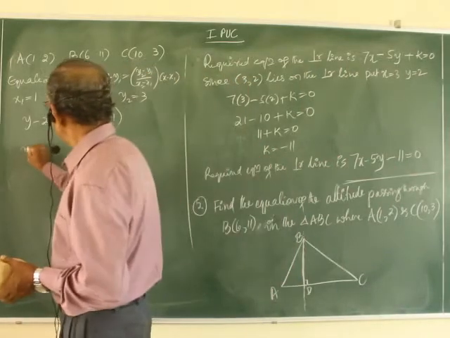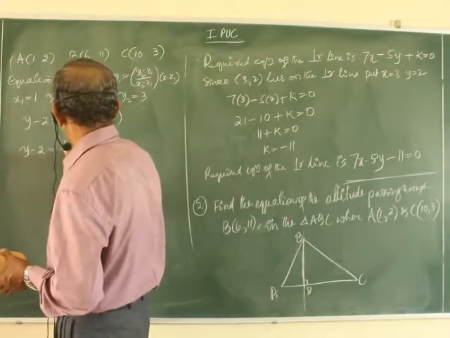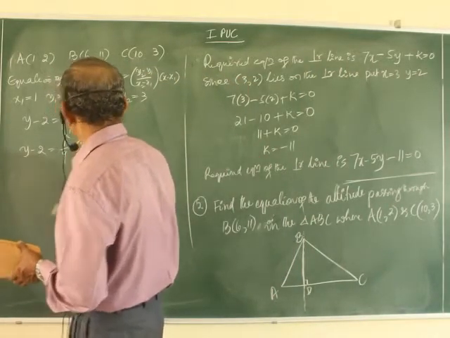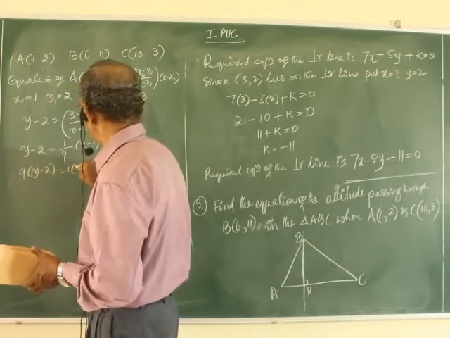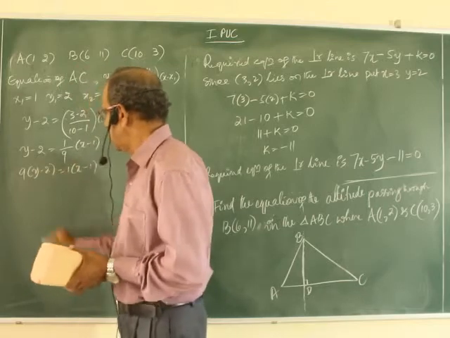Simplification: y minus 2 equal to 1 by 9 into (x minus 1), or 9 into (y minus 2) equal to 1 into (x minus 1).